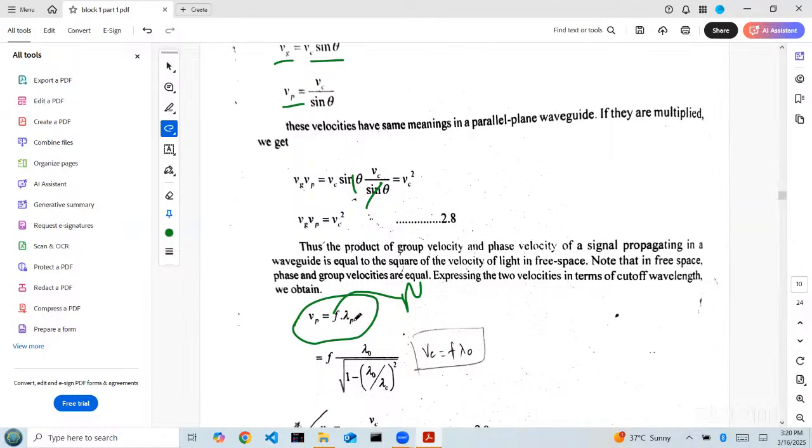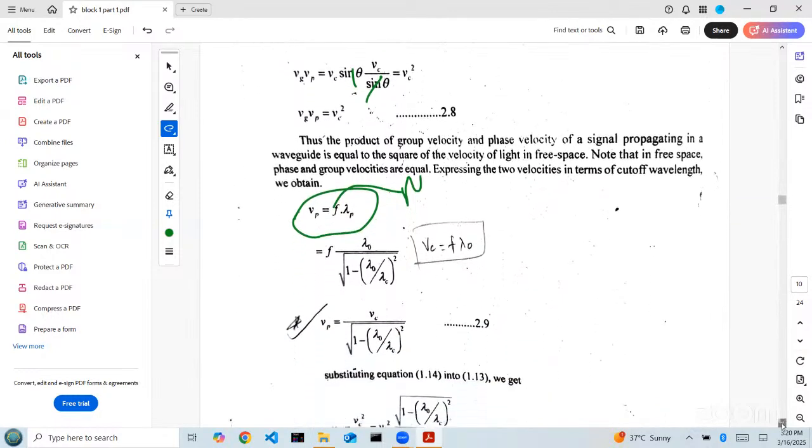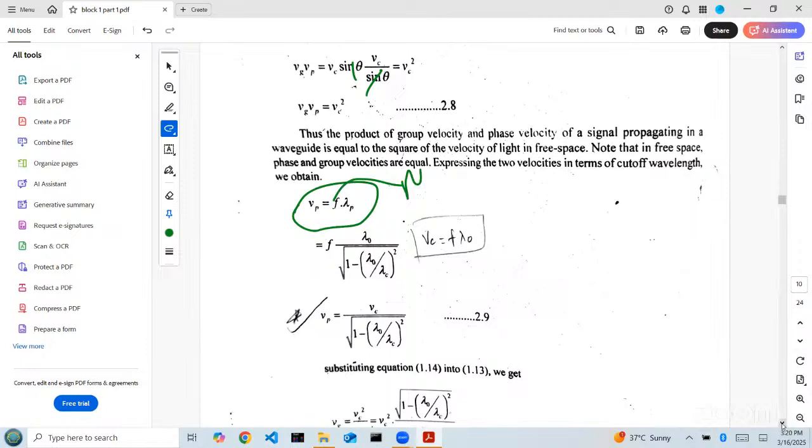Equation 2.6, previous topic. Substitute that here. We are calculating phase velocity. This f times lambda naught is written as Vc, the velocity of light.